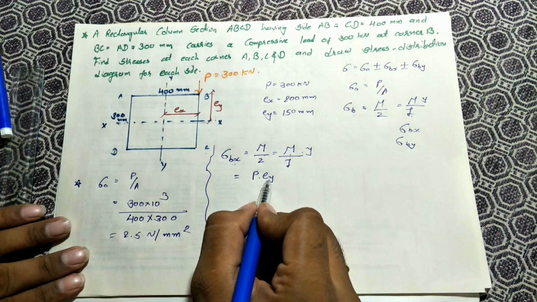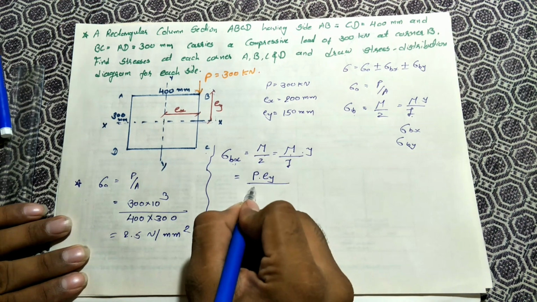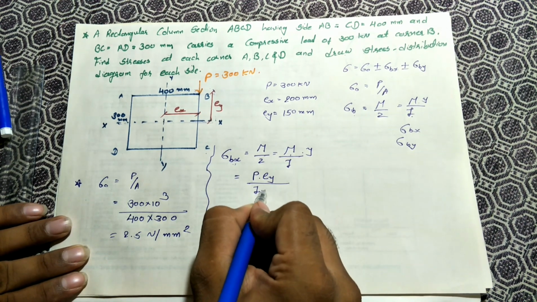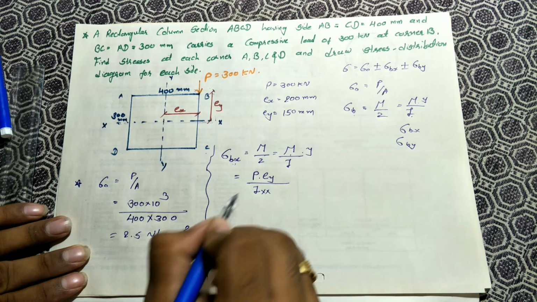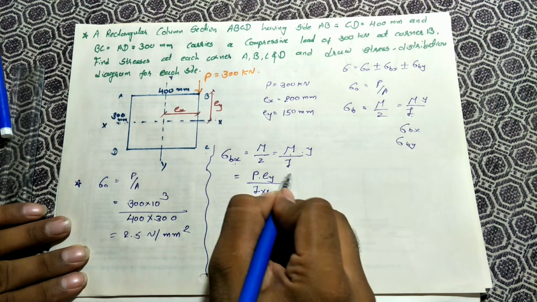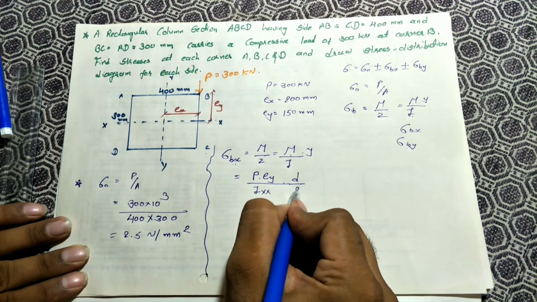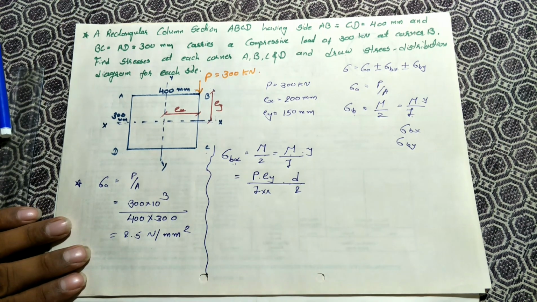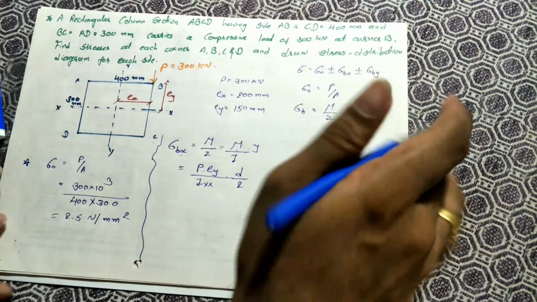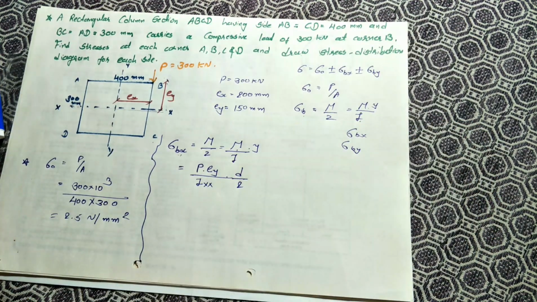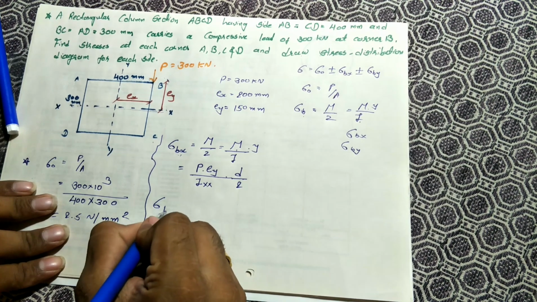So P into Ey divided by Ixx, and this y, you know that y is d by 2. Your y is d by 2 for x and b by 2 for y. So this is your formula for Bx.